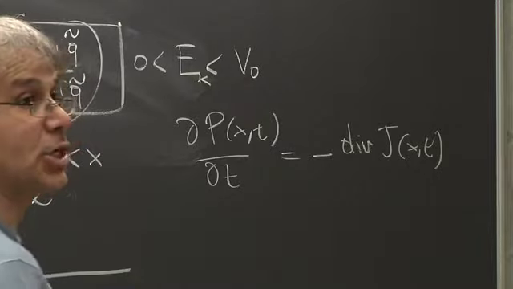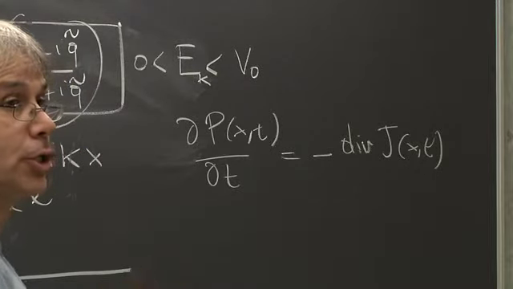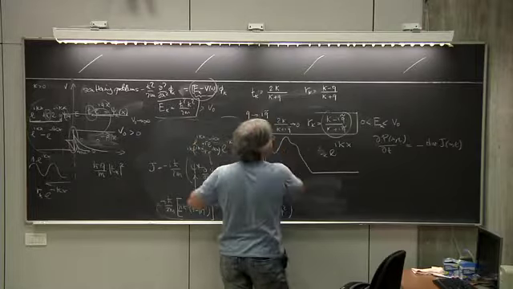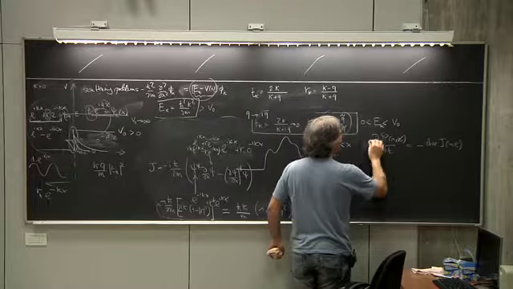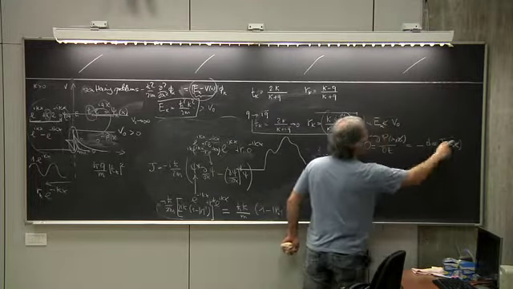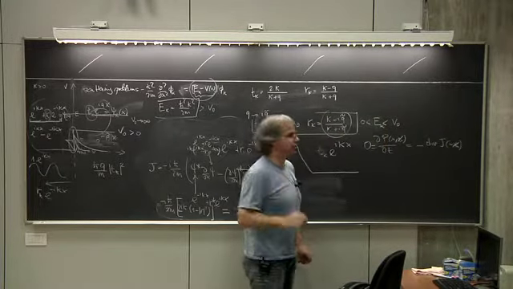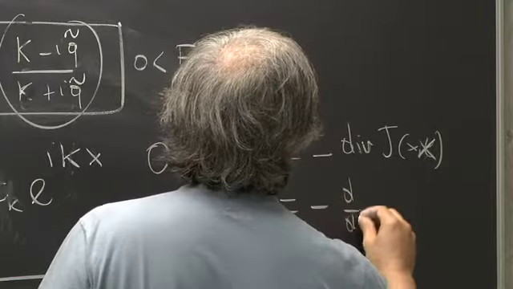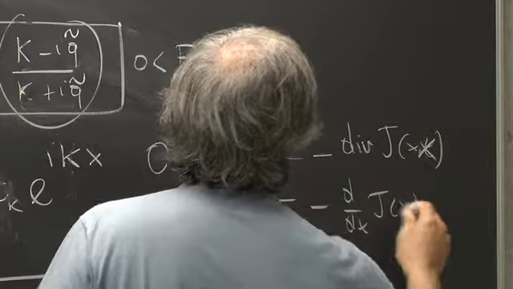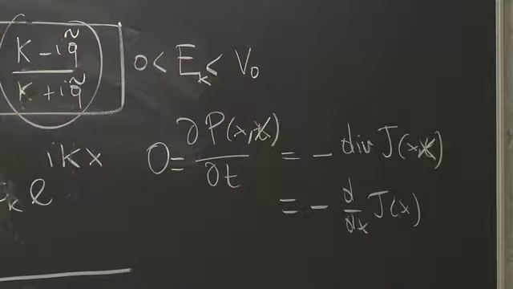If the state is stationary, so it's a solution of the Schrödinger time-independent problem, then this is just 0. So the current has 0 divergence. In 1D, this means minus the derivative of the current should be just 0. In other words, the current should be constant in space.